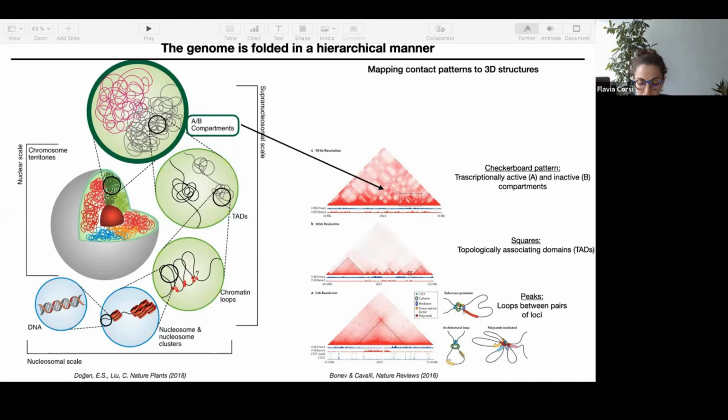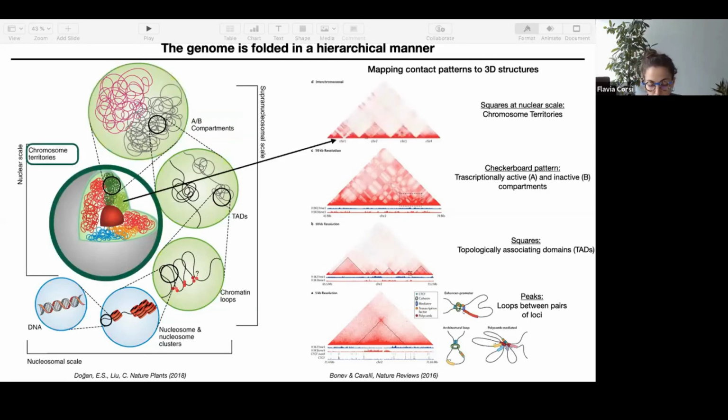We can see them in Hi-C maps as the very characteristic checkerboard pattern, where each square represents a different compartment that is transcriptionally active or inactive. And finally, we discovered that at the nuclear scale, chromosomes tend to form territories, so they prefer to interact within themselves rather than between each other.